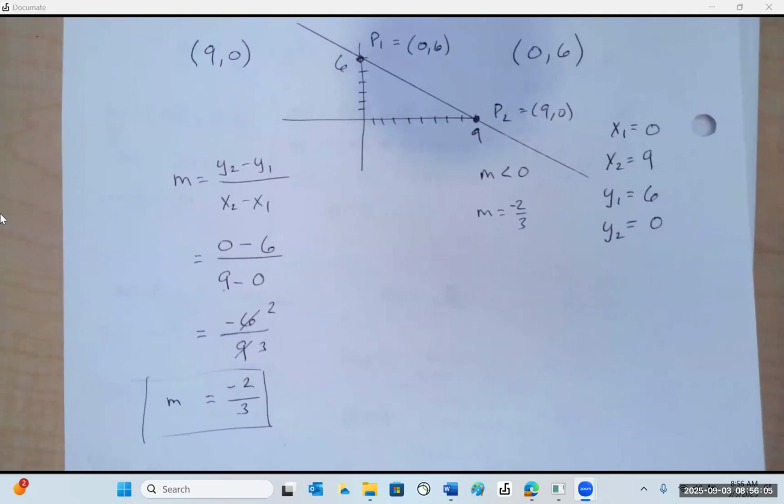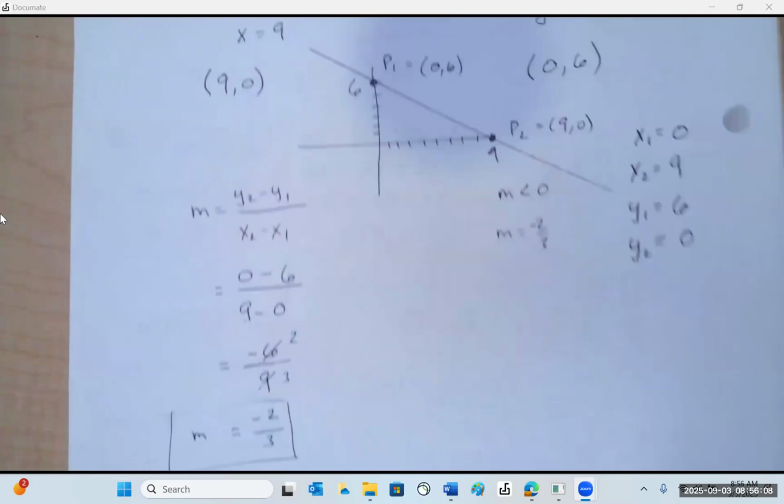Does this always work? Does the intercept method always work for graphing? Well, let's find out.